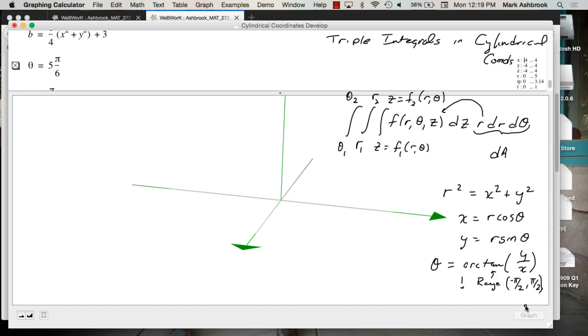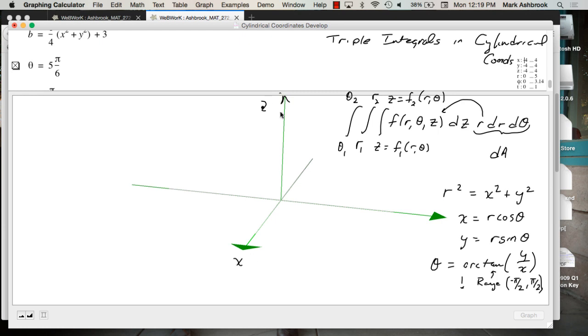Okay, so Julia's question, we could have something like cylindrical coordinates, say along the y-axis. Well, then we're going to do dy r dr d theta, and this is the xz plane, right?